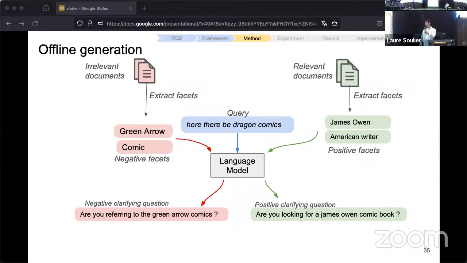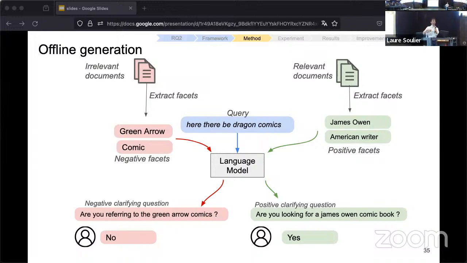And then we make the hypothesis that a user will answer no for negative clarifying questions and yes to positive clarifying questions. So in this framework, we use the information on the relevance of the documents.